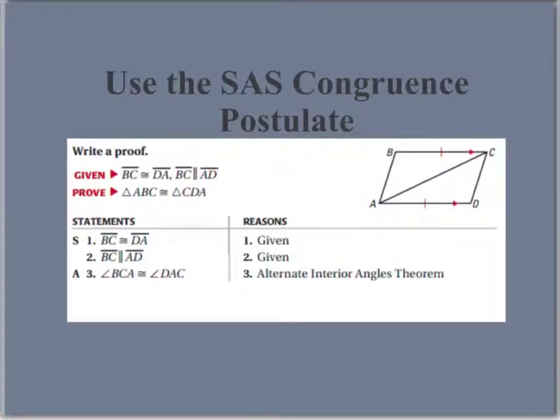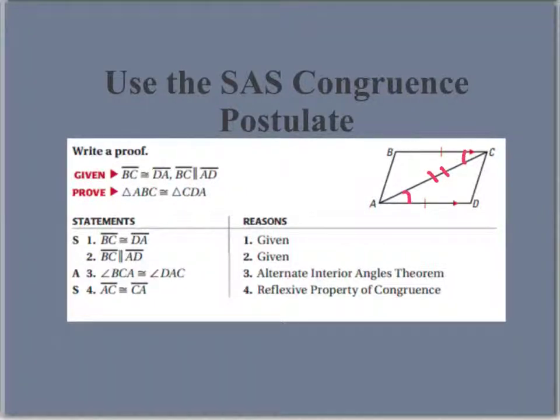So the first, obviously, is the given. That's kind of a no-brainer. They gave us one of the sides. They told us that BC was congruent to DA. We already noticed that angle BCA is congruent to angle DAC. And then we notice that side CA is congruent to side CA.